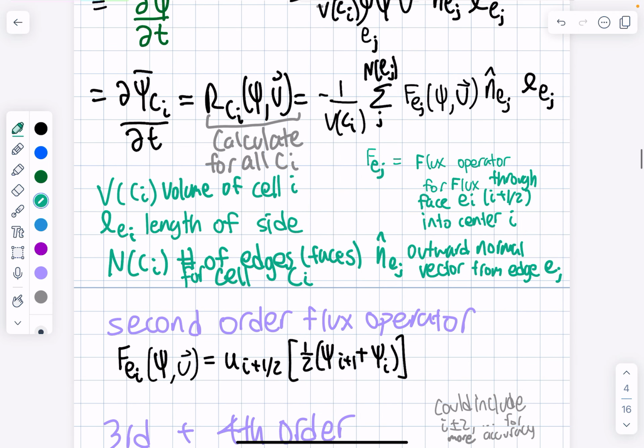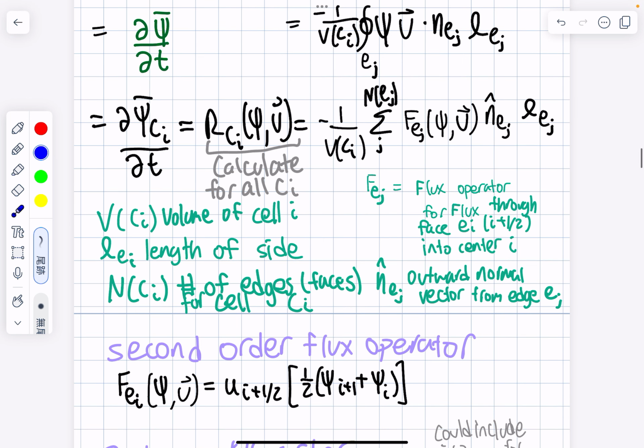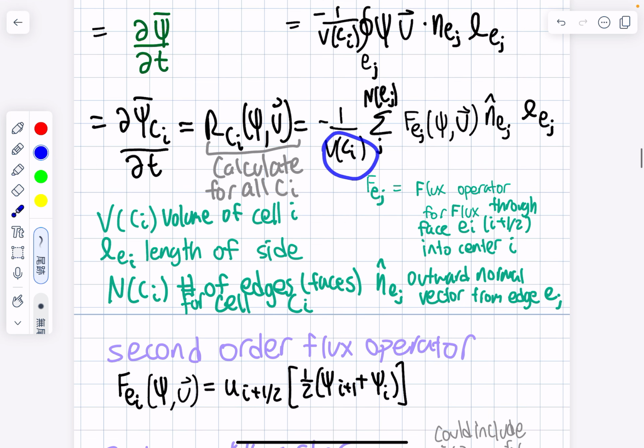I will show right after what this means and how you calculate it, but you can think of it as running through every single edge. All you need is the length across that edge from center to center, which is constant, I believe. The volume of the cell depends on the shape of the cell. For a single cell, we do this calculation for each cell.